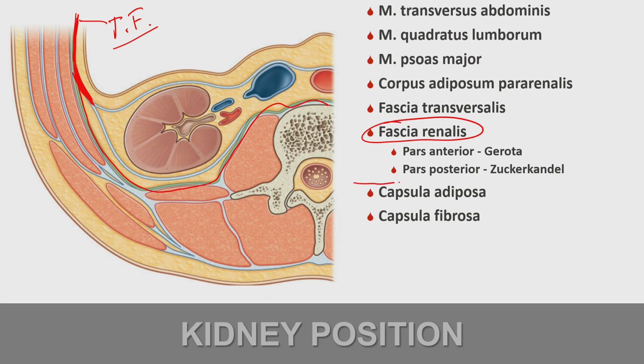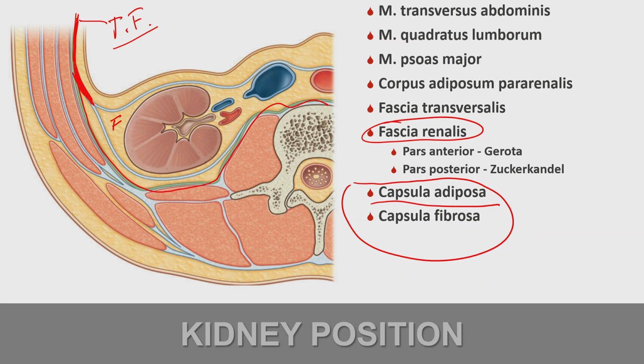Inside the fascia there are the capsulas of the kidney. Outside is fatty tissue, which is called the adipose capsula. It is the thermal and mechanical protection of the kidney.